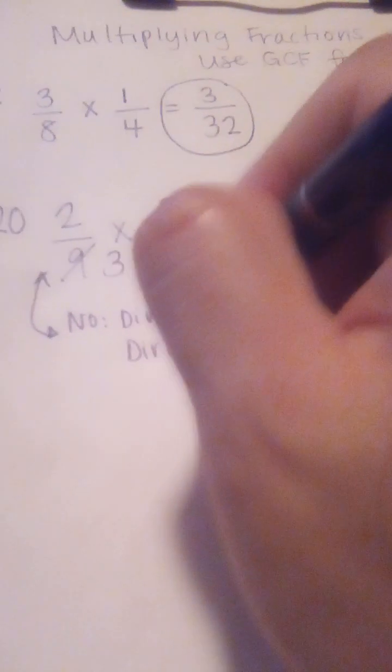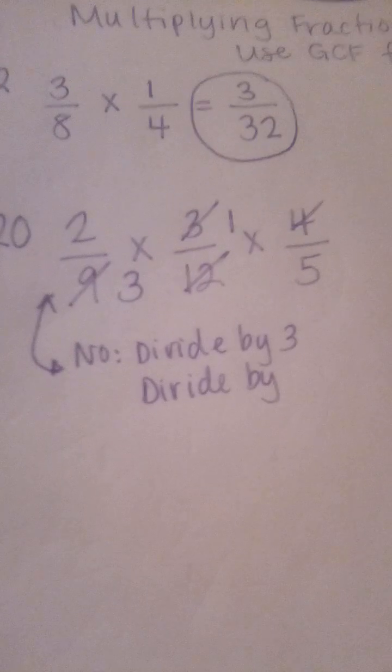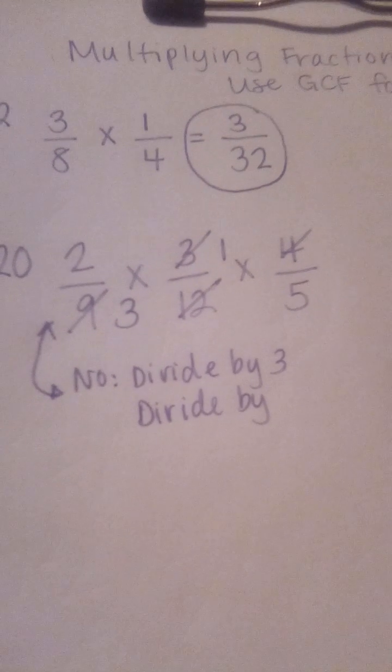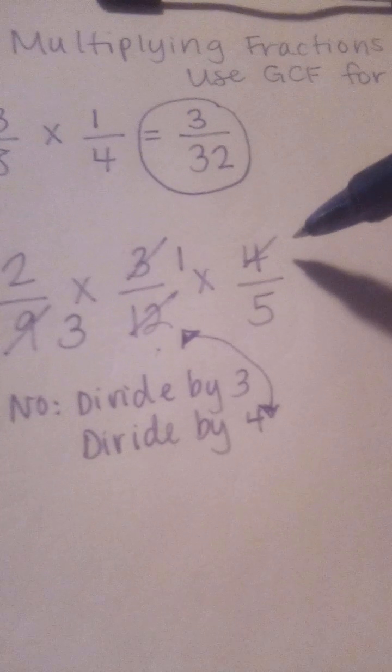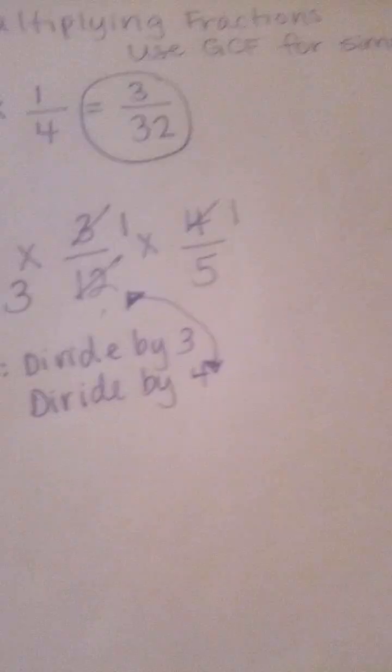Divide by what number to get a reduced fraction out of 4/12? Let's try 4. 4 divided by 4 gives us 1. 12 divided by 4 gives us 3.